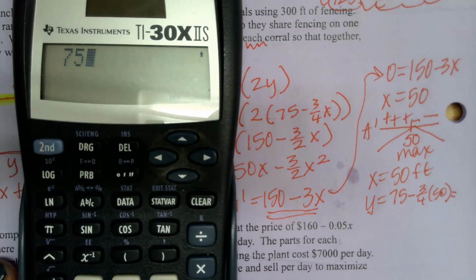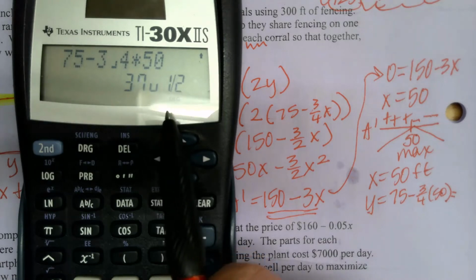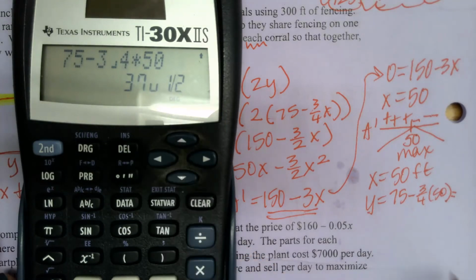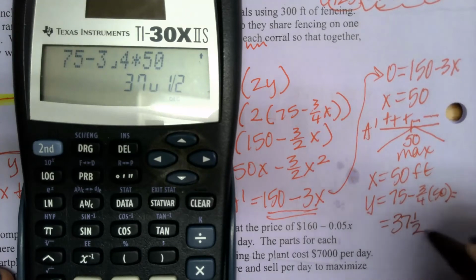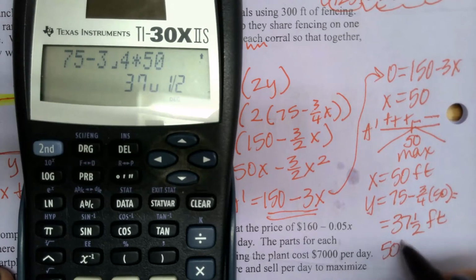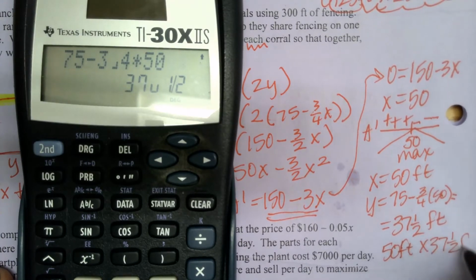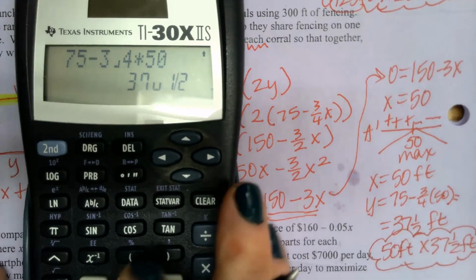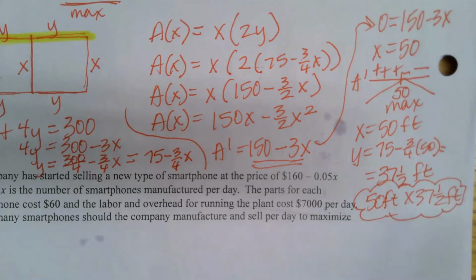So I do 75 minus 3/4 times 50, and I get 37.5 feet. So my Y is 37.5 feet. So my dimensions are 50 feet by 37.5 feet. And that should be my final dimensions for that problem, 50 feet by 37.5 feet.